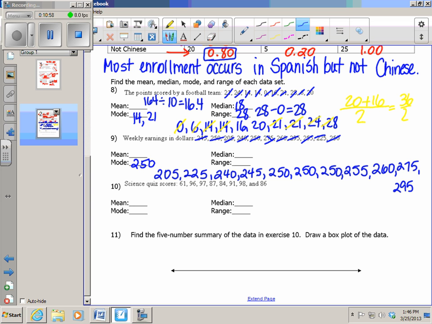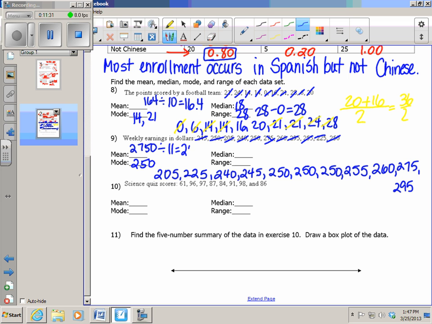The mean is when I add all of them up. So I'm going to take a minute here and add all of them up. I get a total of 2750. I'm going to divide by how many there are. Divide by 11.